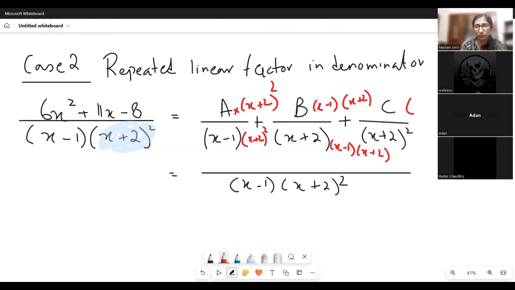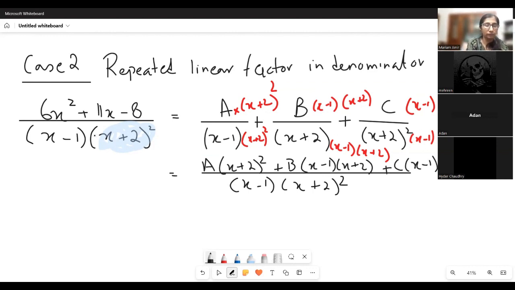And the last one just gets multiplied with x minus 1. Okay, so we have a times x plus 2 whole square plus b times x minus 1 and x plus 2 plus c times x minus 1. The left hand side remains the same.